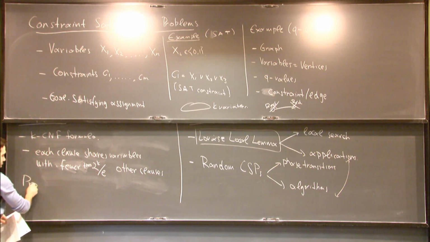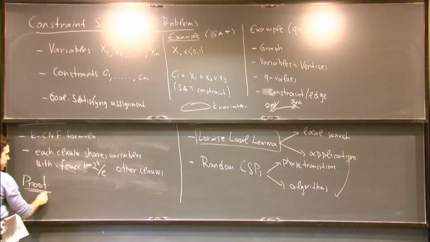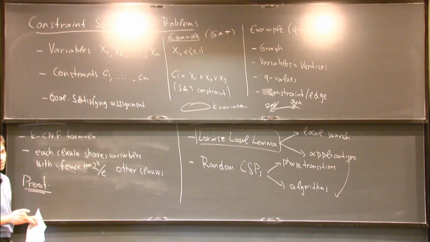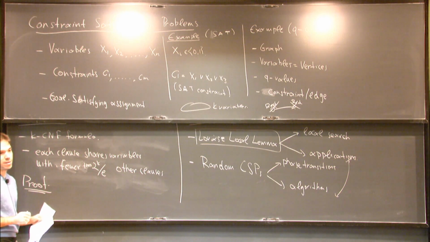Right. So the proof is very simple. You basically apply the local lemma with a uniform distribution over the configuration space. Coloring is not exactly the same, but it's almost the same.